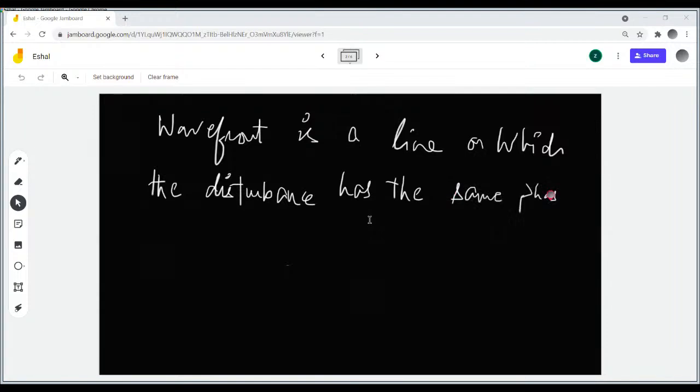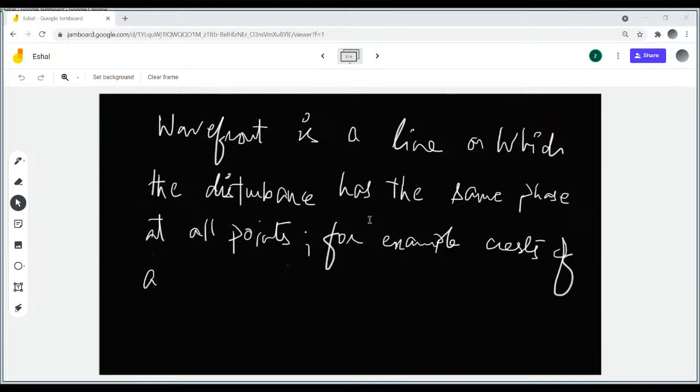At all points, for example, crests of a wave.